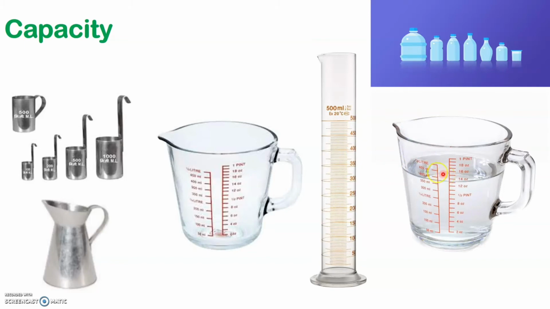So as you can see here, this container has a marking of 500 milliliters, which means this container can hold up to 500 milliliters of liquid. Or in other words, we say that the capacity of this container or this measuring cylinder is 500 milliliters. While on the other hand, here you can see there is a marking of 1000 milliliters on this measuring vessel.